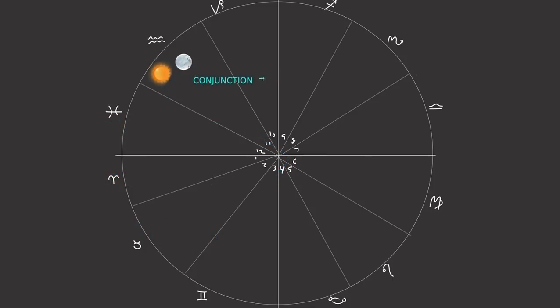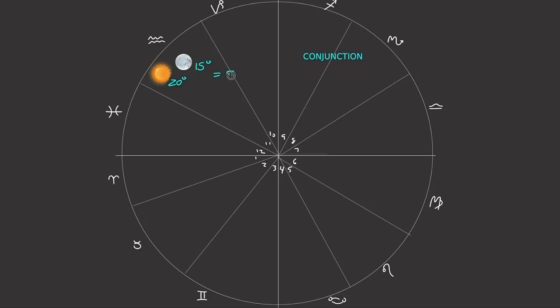So the next one is a conjunction, which is basically that they're in the same sign. So if two planets are in the same sign, then that is a conjunction. And the difference between the two planets, obviously, is going to be the angular differential between the planets. So let's say, for example, that the moon is at 15 degrees and the sun is at 20 degrees.